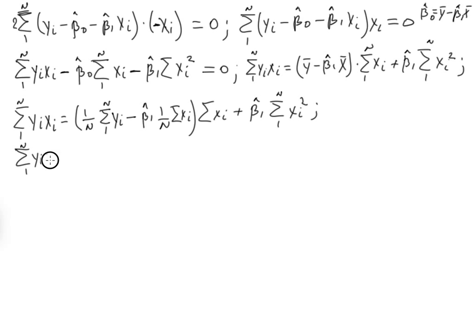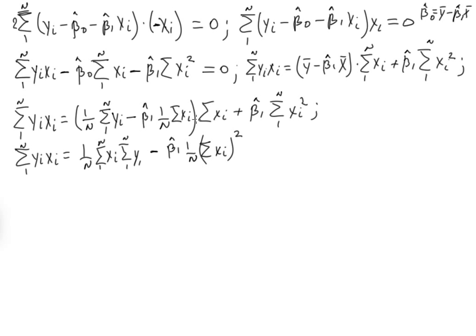The sum from 1 to n of yi xi stays the same. Here we'll have 1 over n, the sum of xi times the sum of yi, minus beta 1 hat times 1 over n times the sum of xi. So this is basically squared now.